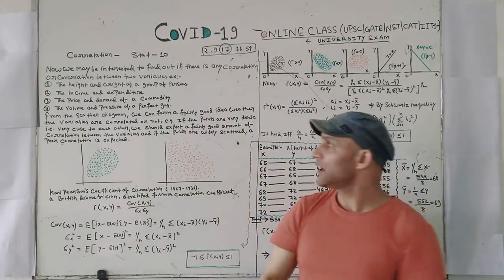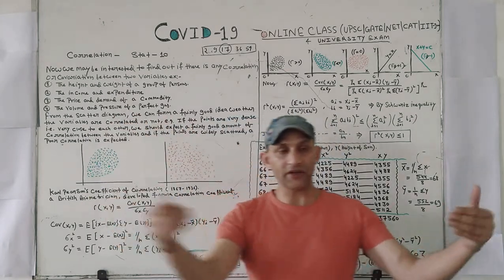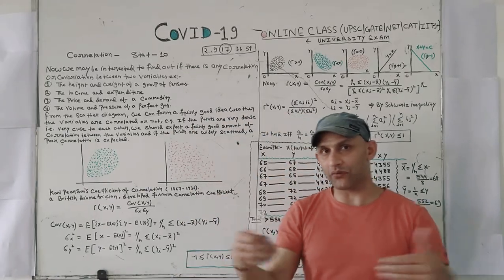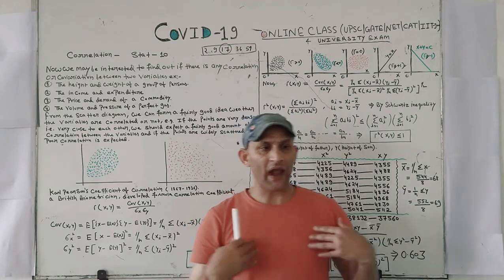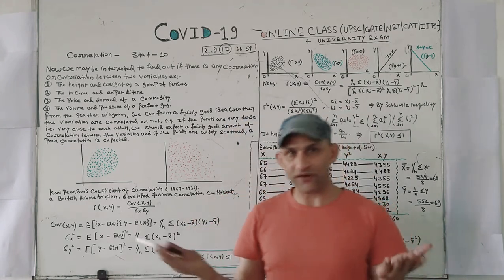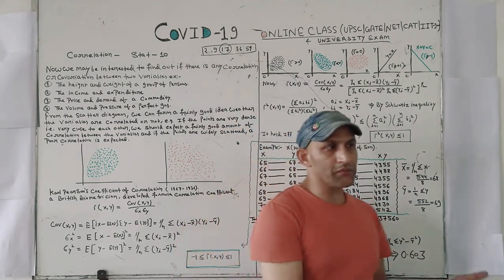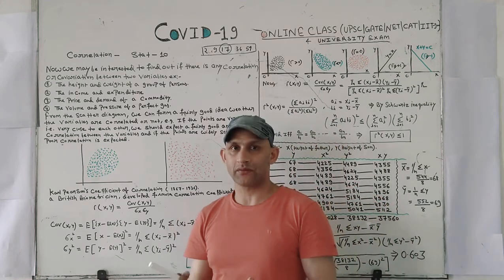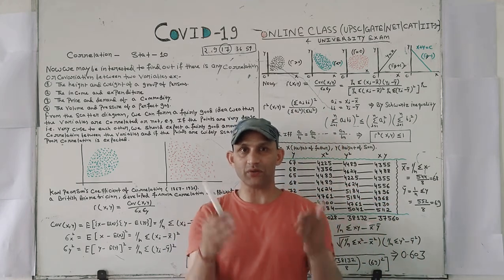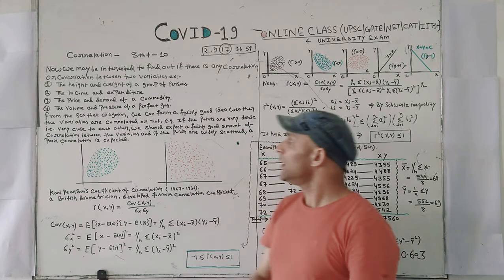One data is height and one data is weight, and you find the correlation between height and weight. My height is 5.7, so according to this my weight must be 69. So there is a relationship between height and weight.